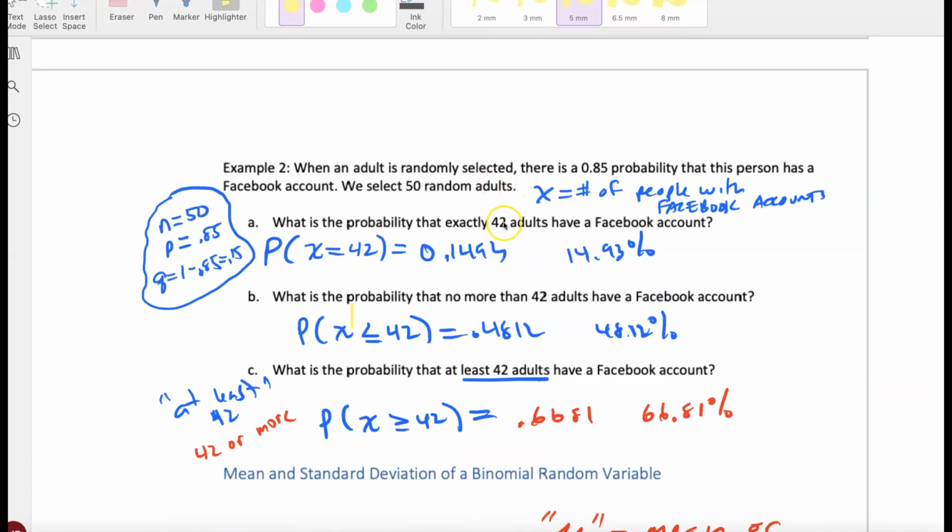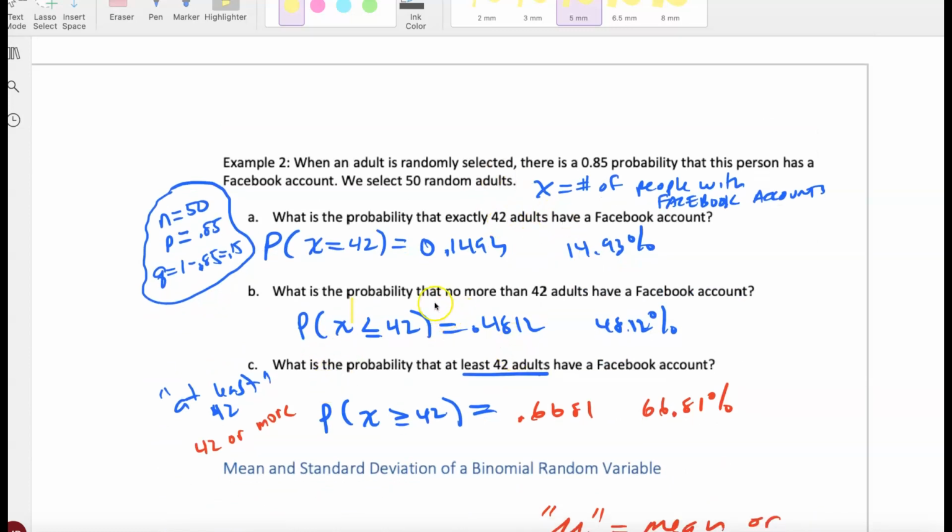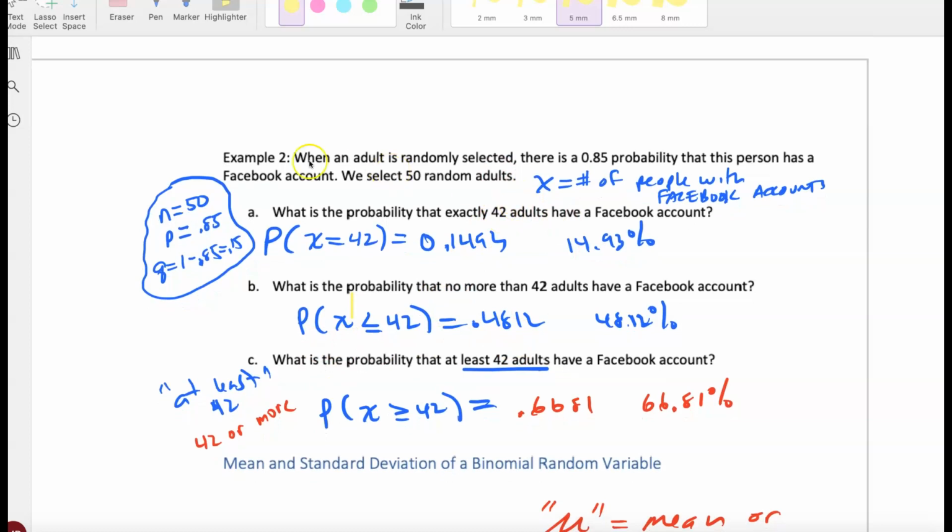Here's the first example, and I'll show you how this gets entered, but take a look at the situation. When an adult is randomly selected, there's an 85% probability that the person has a Facebook account. So we know 85% of people have Facebook accounts, or at least that's old data.